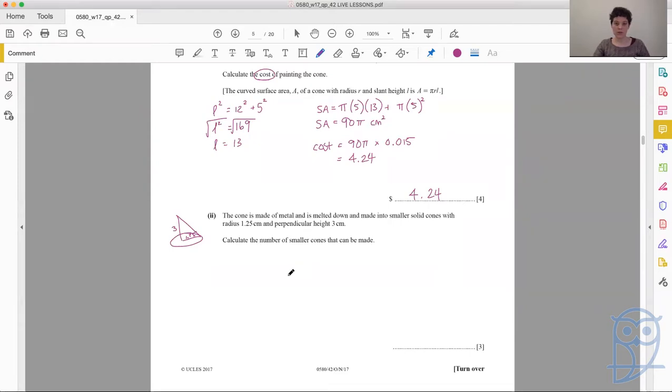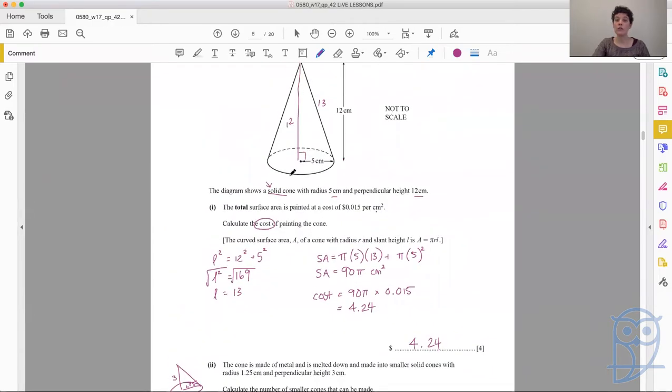So our volume is 1/3 pi r squared h. The volume of a large cone equals 1/3 pi, large cone is 5 squared, and the height was that perpendicular height of 12.